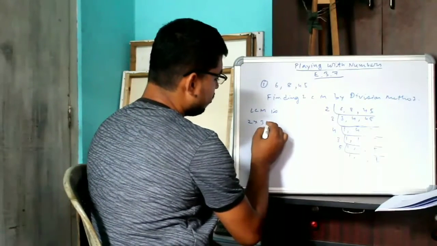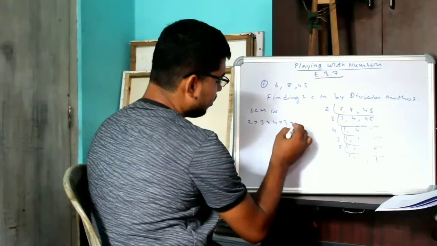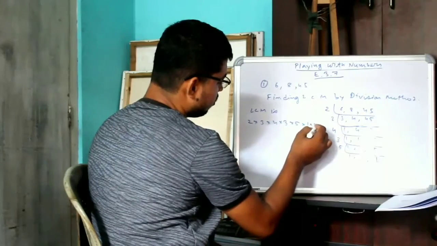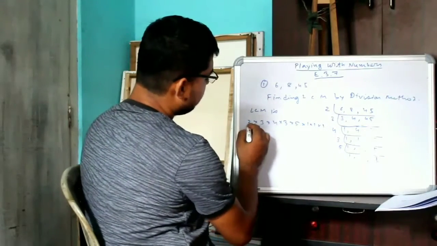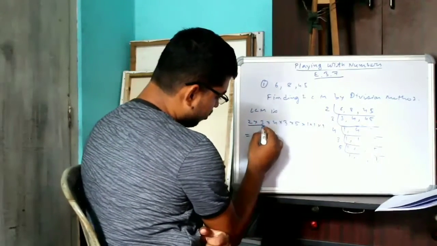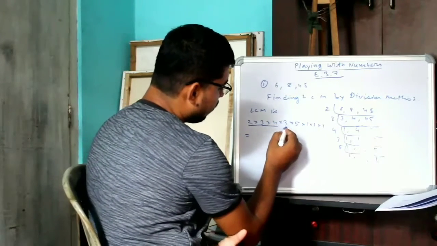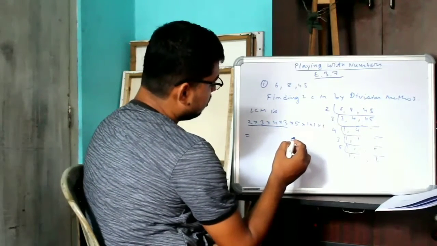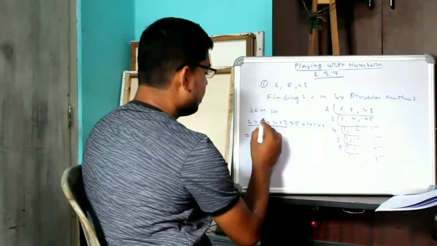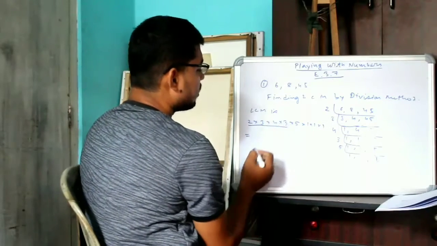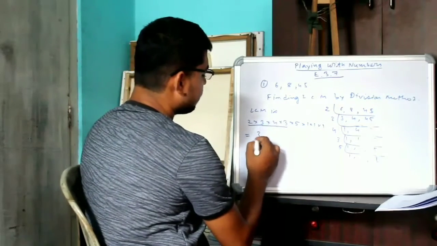LCM is 2 into 3 into 4 into 3 into 5 into 1 into 1 into 1. So we get 2 into 3 is 6, 6 into 4 is 24, 24 into 3. Okay, wait. 3 into 3 is 9, 9 into 4 is 36, 36 into 10 is 360.